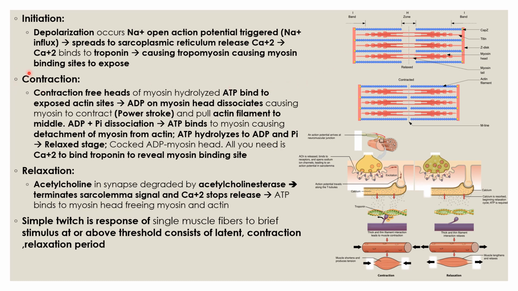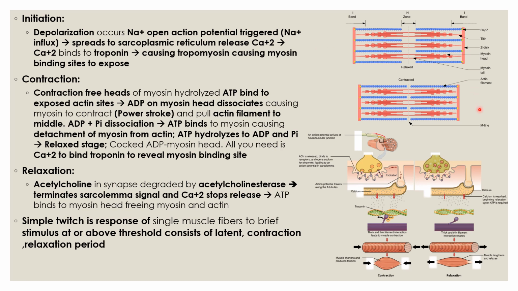After that you have the contraction. The free heads of the myosin hydrolyze ATP, and they bind to the exposed actin site. The ADP on the myosin head dissociates and causes a myosin contraction, which is also called a power stroke.